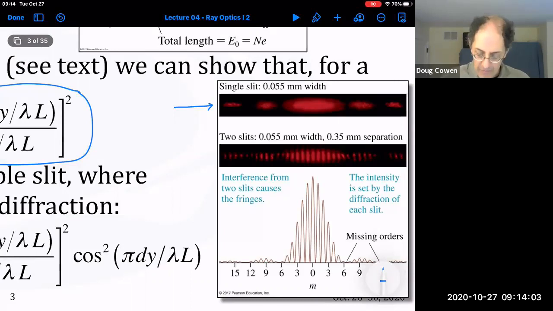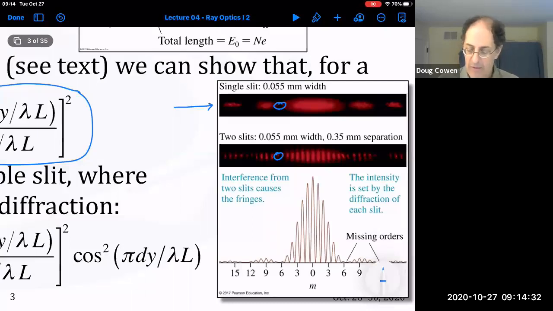So you can see, for example, that right here, where there's a dark fringe, we also get a dark fringe in the overall pattern, because wherever you get destructive interference from diffraction, even if you have two slits causing an interference pattern that would otherwise be maximal there, since each of those slits is producing a minimum due to the diffraction, the result is going to be a minimum at that point.